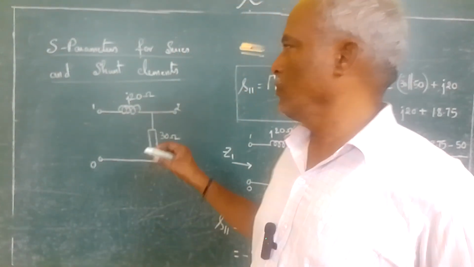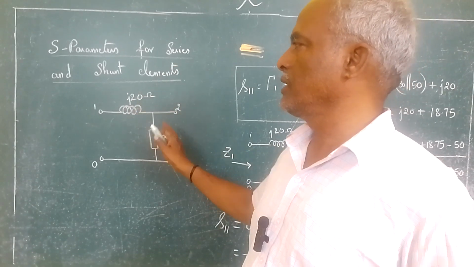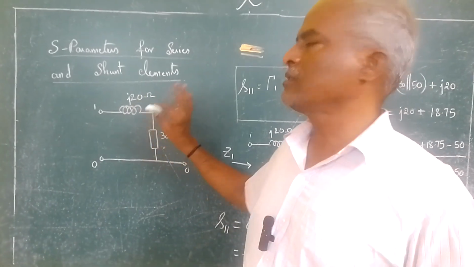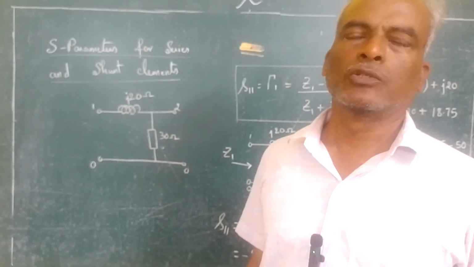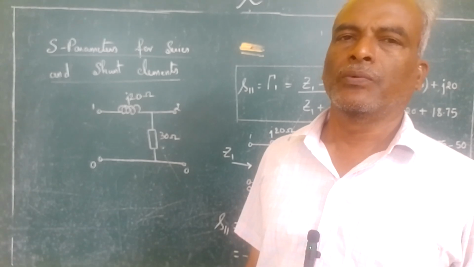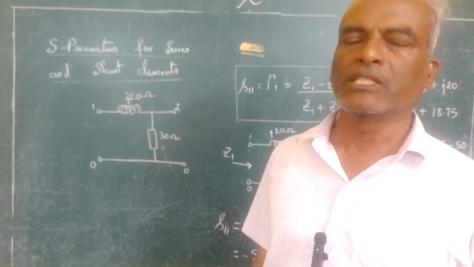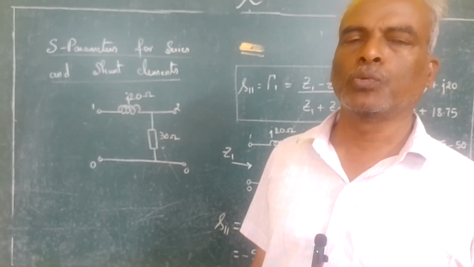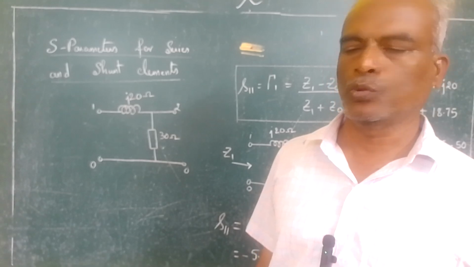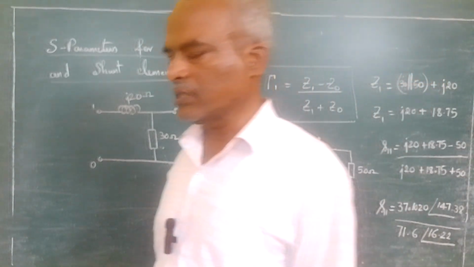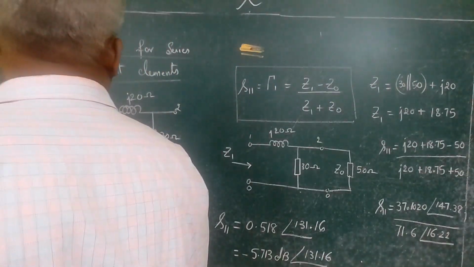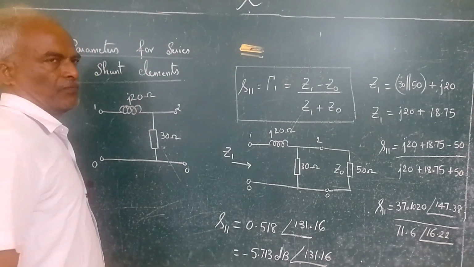But now we are going to deal with series and shunt elements. For this two-port network, we have to find S11, S22, S12 and S21. So this is the given question.